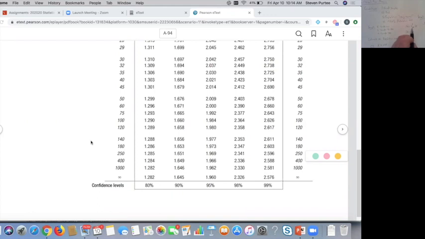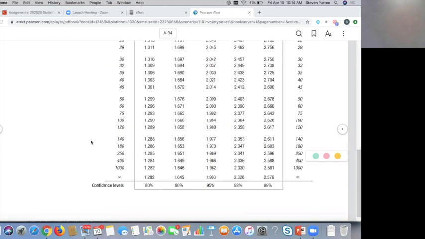Find the appropriate T star, multiply that by the standard error, which is S over square root of N, and that would give you your margin of error. And then your confidence interval would be your sample mean plus or minus the margin of error. And you would say we are blank % confident that the thing we're looking for is between those two numbers. But we're going to do everything on the calculator.